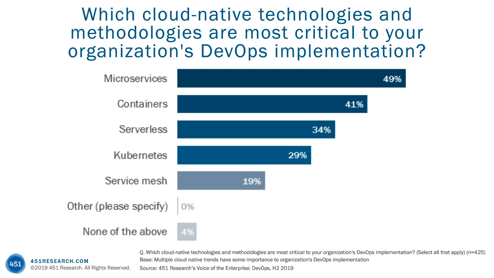I think clearly as all of these increase in momentum, that's going to bring service mesh with it, because as deployments scale up and get faster, they're going to need ways to figure out how to manage all of these things.